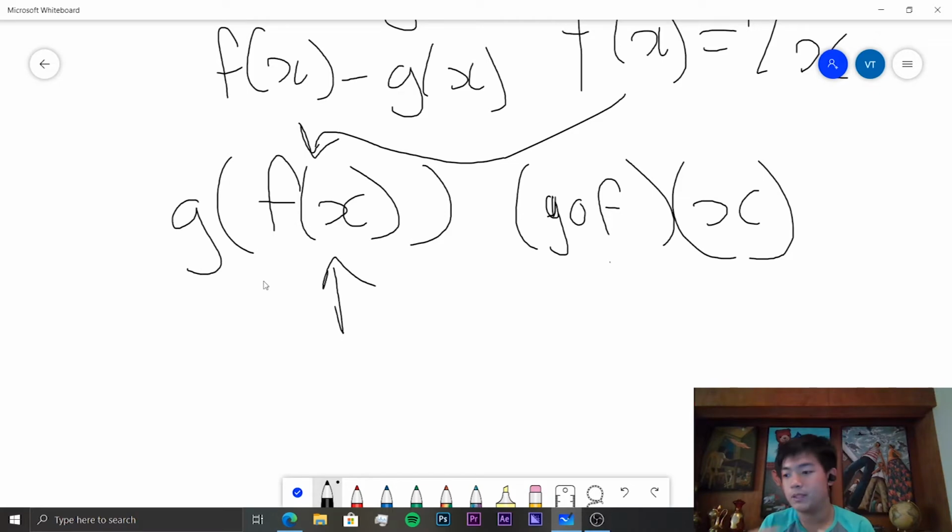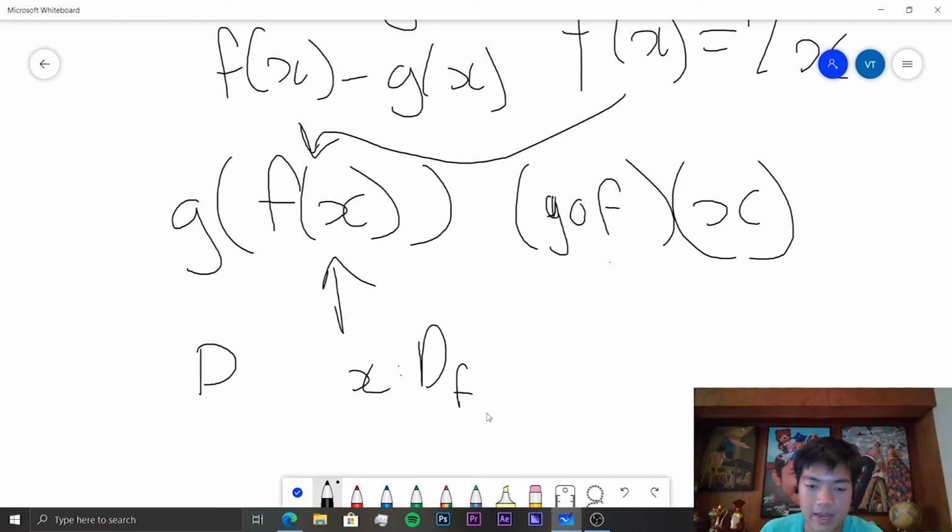And the domain of this function will be the set of x such that x is an element of the domain of f, and f of x is part of the domain of g.